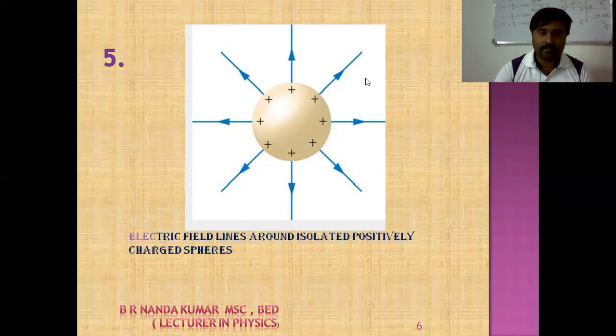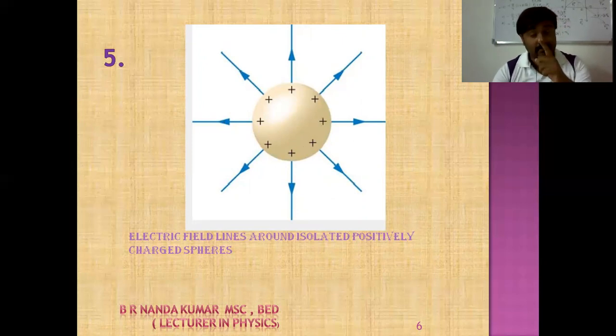So these are electric field lines around an isolated positively charged sphere.